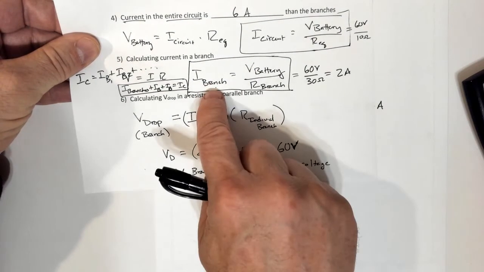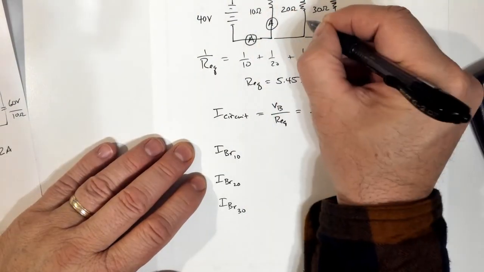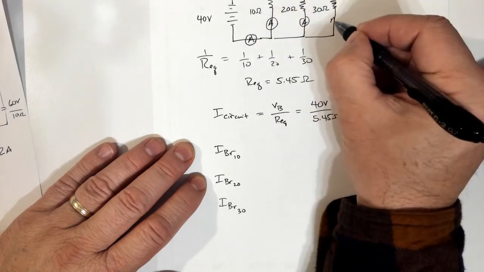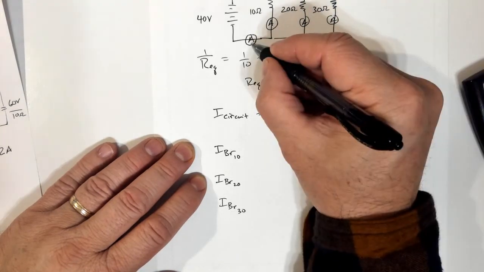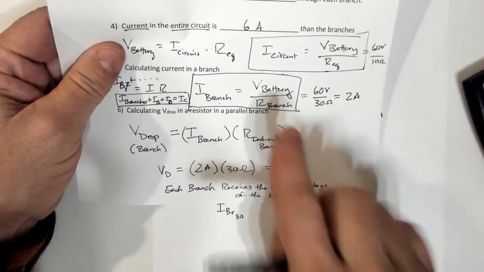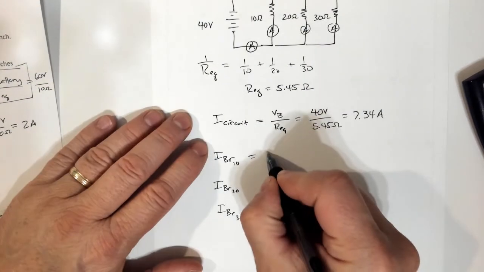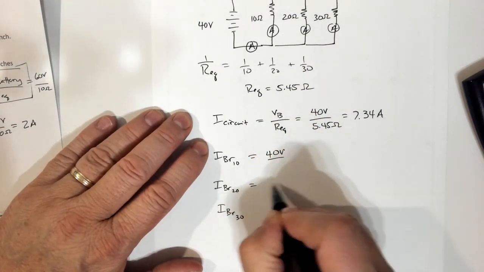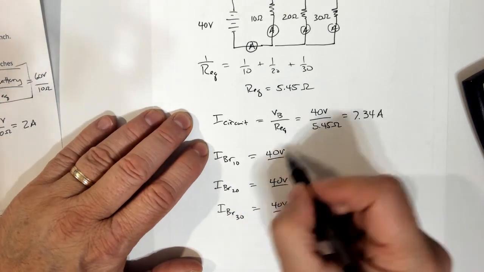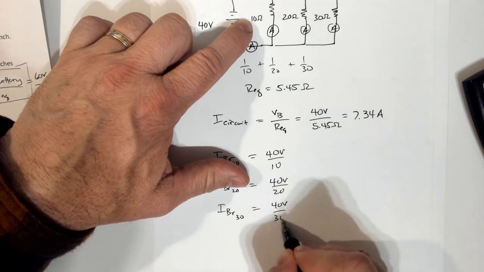So I want to find what would be the speed through just this branch and then through this branch. And they're going to be different from this one, but these all three should add up to this number. Okay, so the math is here. It's going to be the battery divided by the branch resistance. So 40 volts, 40 volts, 40 volts, and I divide it by 10, 20, and 30.